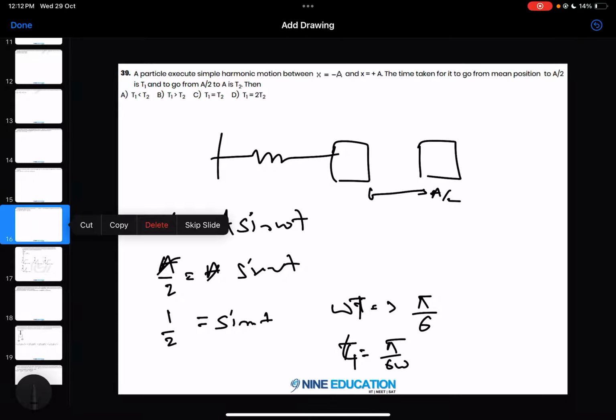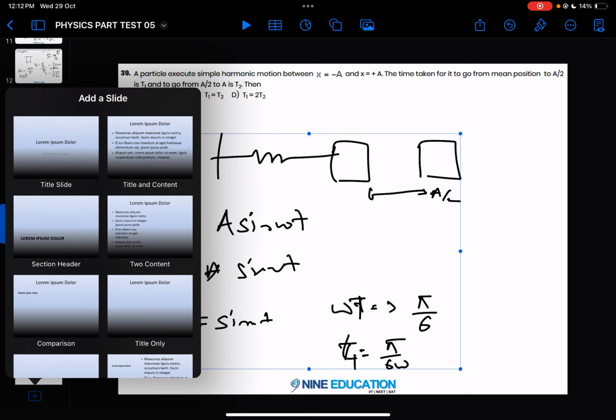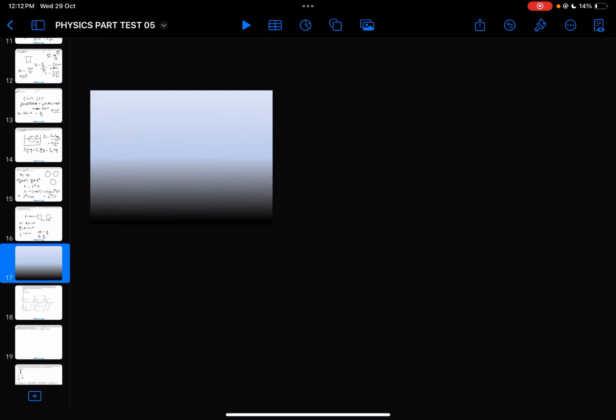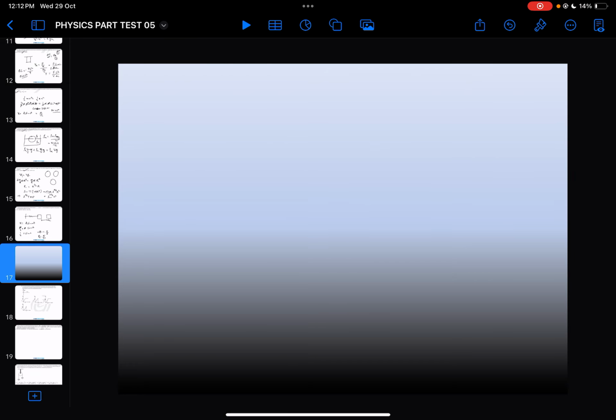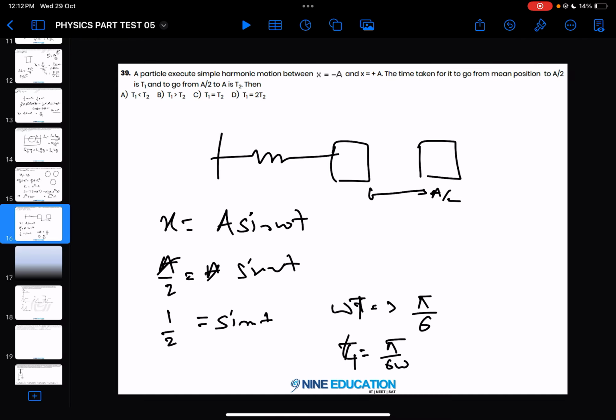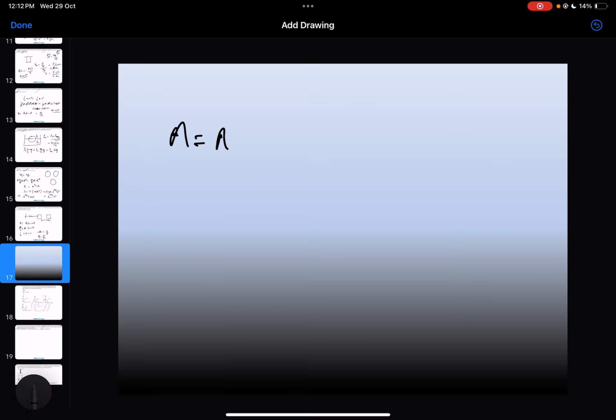Just a second. I'm going to add one slide. And in the next case, it is already at a by 2. You need the time taken to go to a. So a equals a sine omega t.